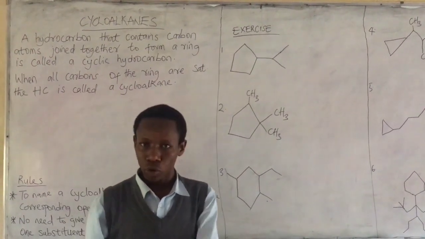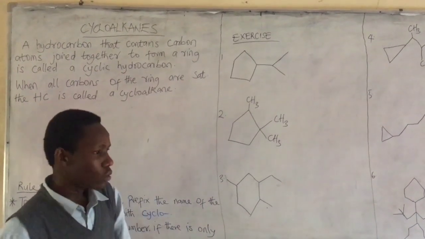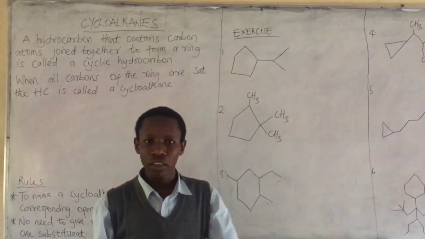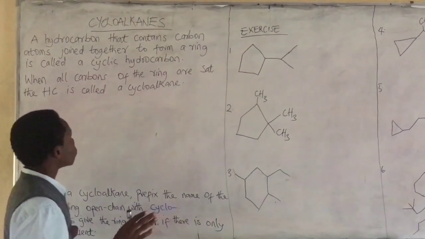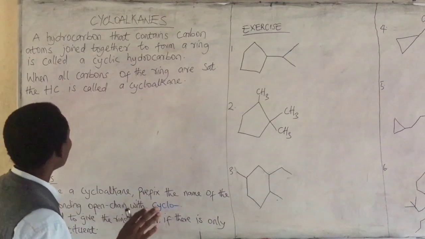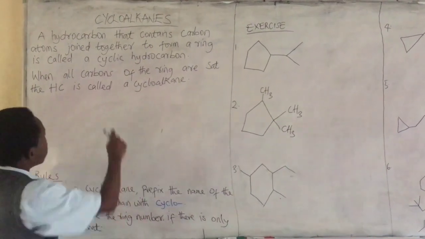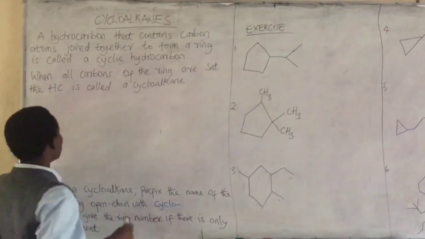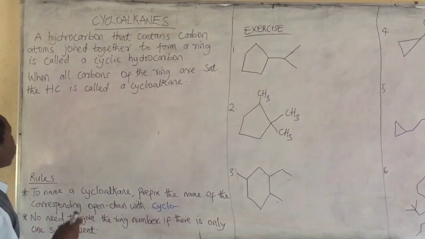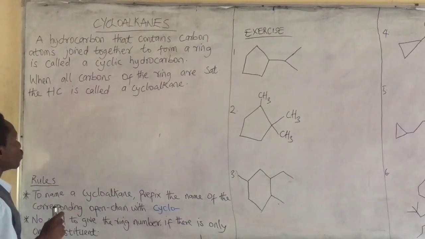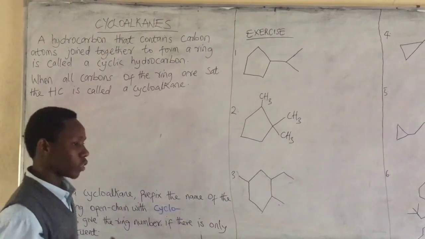Carbon-carbon single bond in their formation. But today, we'll be talking about a kind of hydrocarbon that are in their what? Cyclic form. So, hydrocarbons or organic compounds in which their carbon-carbon are joined in a form of ring are called what? Cyclic hydrocarbon. So, when all carbons of the ring are saturated, that particular hydrocarbon is called a cycloalkane.